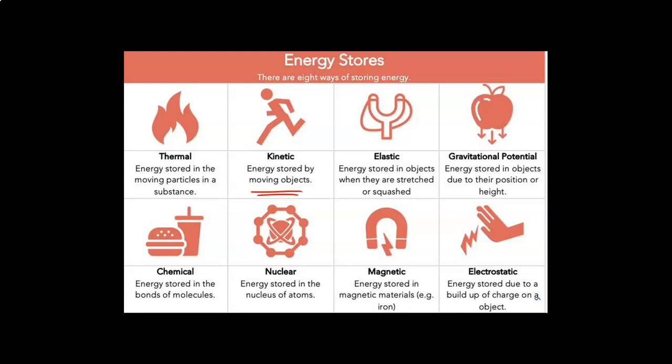It has been passed along to other stores. An elastic store, where something is squished or stretched or squashed, and the gravitational, which is due to its height. Those are the 3 we're going to be looking at within Physics 20. We will be looking at the others in other courses.